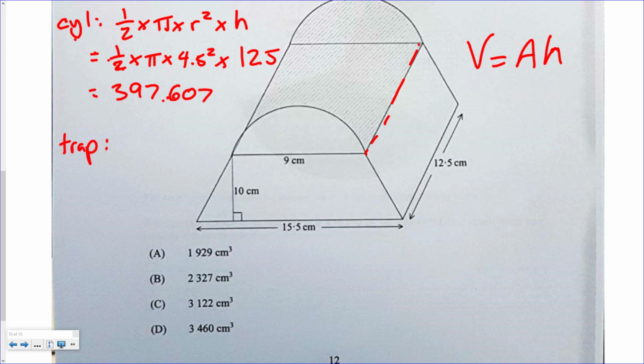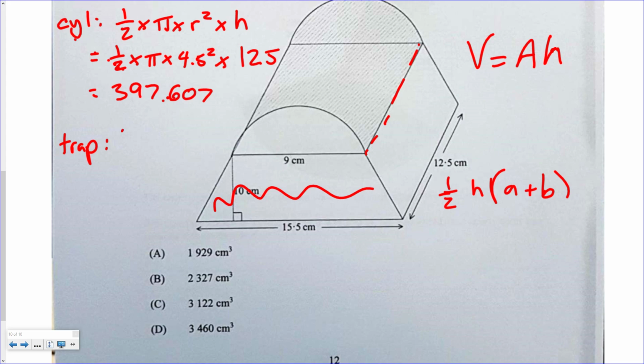If we're trying to find the volume of the trapezoidal prism, again, we'll find the area of this front trapezium. The area of a trapezium, if you remember, is half times the height times A plus B, with A and B being the top and bottom sides.